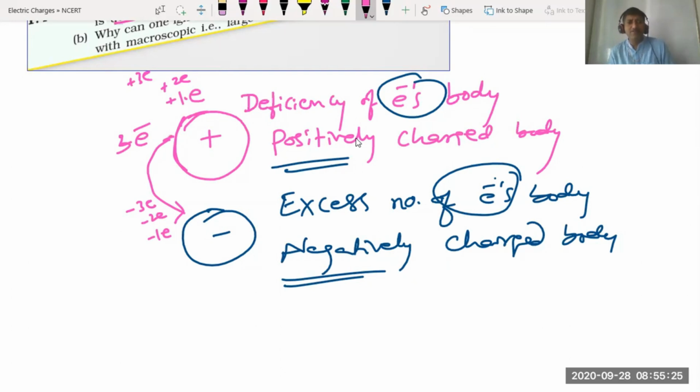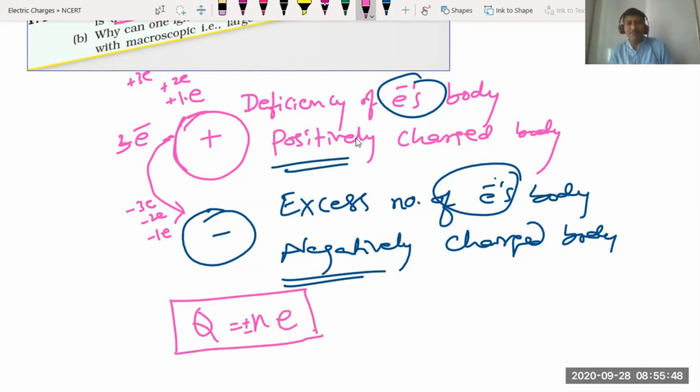One electron can reach from this body to this body, but 3/4 electron or 1/2 electron or 1/4 electron cannot be realized. That is the reason why the charge on a body can always be expressed as an integral multiple of the basic charge.